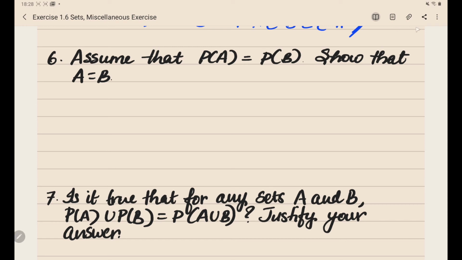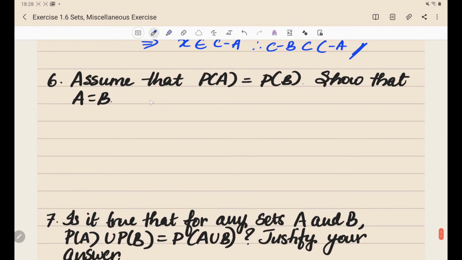Let's take P of A is equal to P of B, and from that we will prove that A is equal to B. For that, again, as we do, let's consider an element x which belongs to A. You can also say that when x belongs to A, A belongs to P of A also, right?